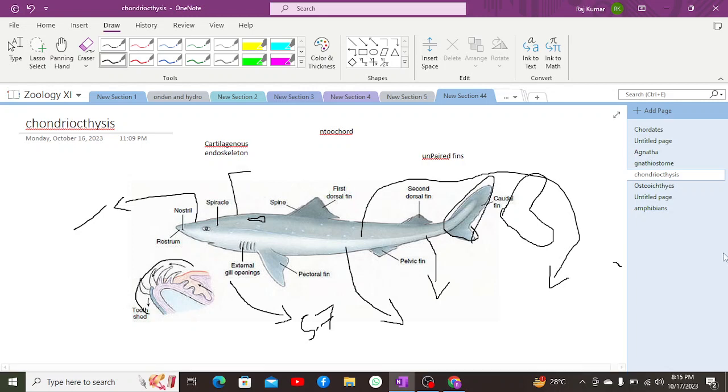It's around 30 to 50 feet long, and they are basically cold-blooded.